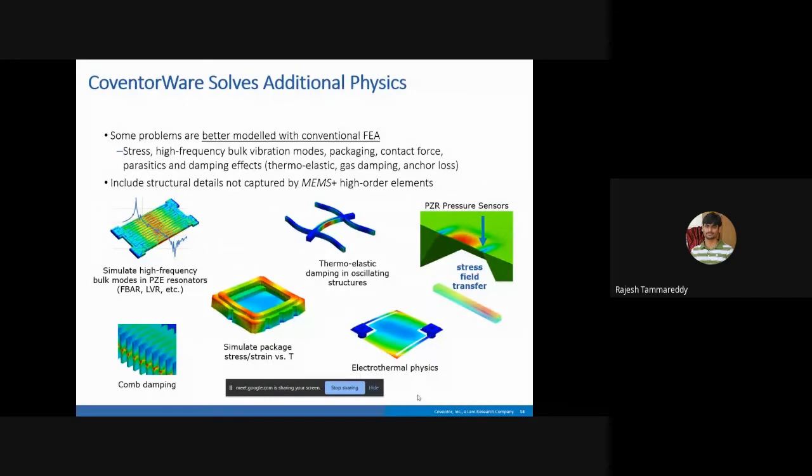As I showed in the slides, you can directly export the model that you create in MEMS Plus to CoventorWare, run the simulation there and see the stress and other parameters. Similarly, electro-thermomechanical physics is not available, nor are high frequency bulk modes and piezoelectric resonators. These are the limitations that you have in MEMS Plus, which can be done only using the CoventorWare tool that was shown in the morning.